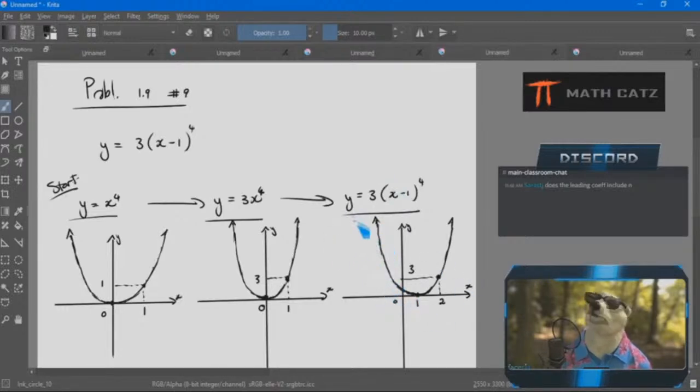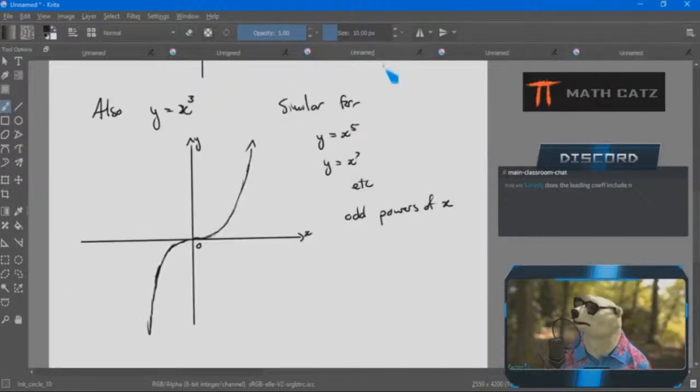Yes, it could turn up and down and all kinds of things as the polynomial itself gets more complicated, but there's no end to the graph on either side. In the case of building on x to the 4, it's going to go up forever. I don't draw it very far, but if I go far to the left, there's going to be a graph way up here. It's just going to grow very quickly, but there's always going to be a y value for every x value.